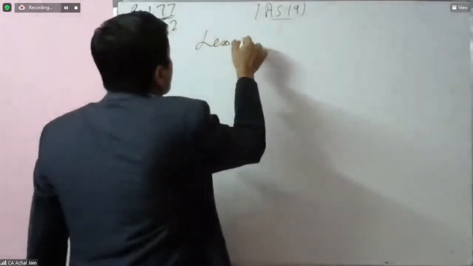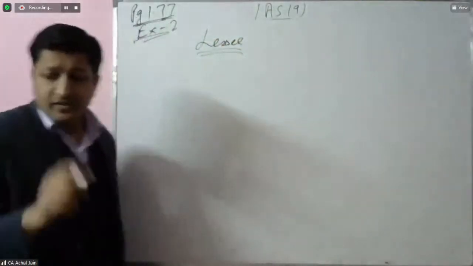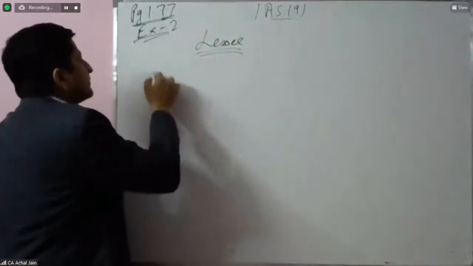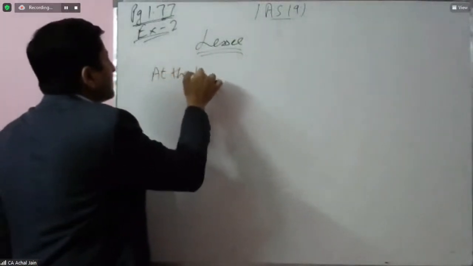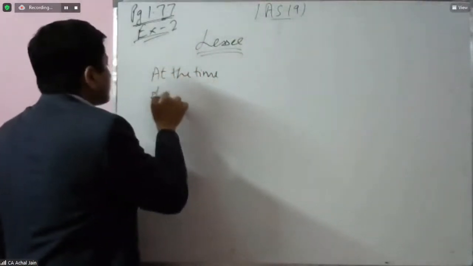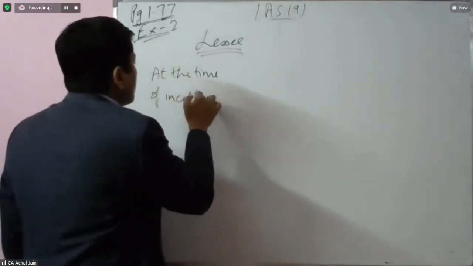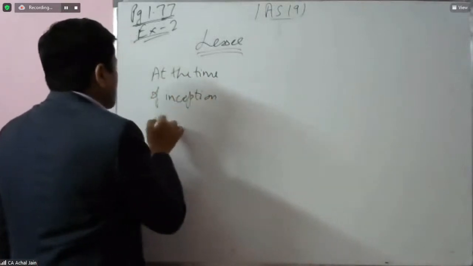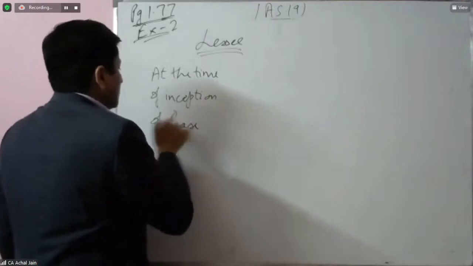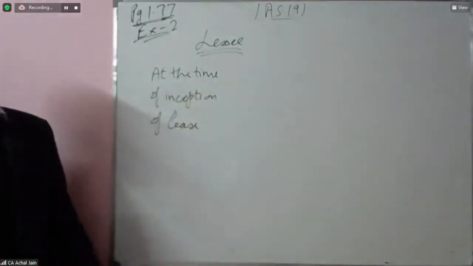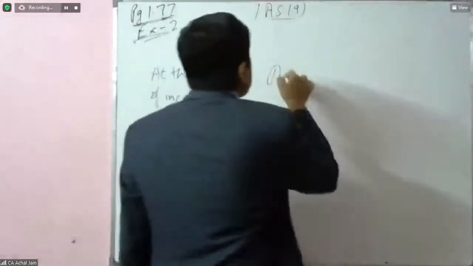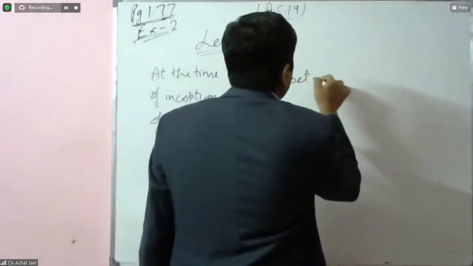Now we are looking at the books of lessee only, not the lessor. At the time of inception of lease, what is the accounting entry which the lessee will pass? Lessee will record this asset.